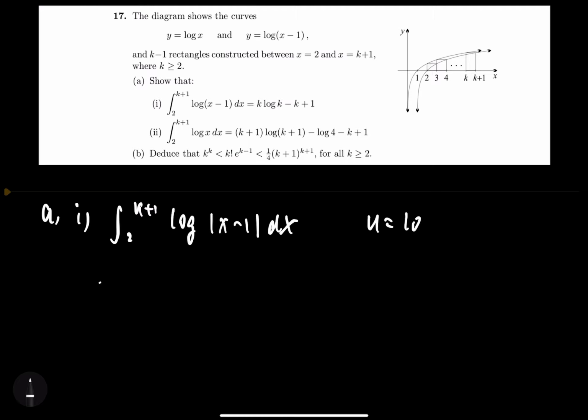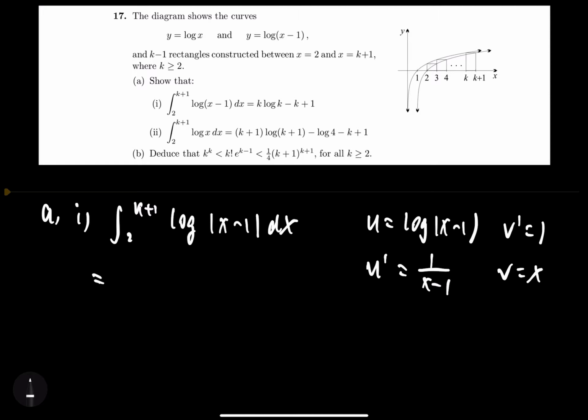Question (a)(i). The integration of log base e of x minus 1 dx. I'm going to do integration by parts. So u equals log of x minus 1, so u dash is equal to 1 over x minus 1. v dash equals 1 and v equals x.